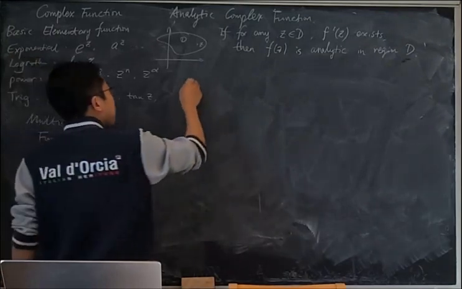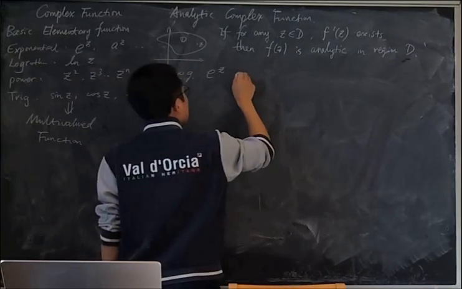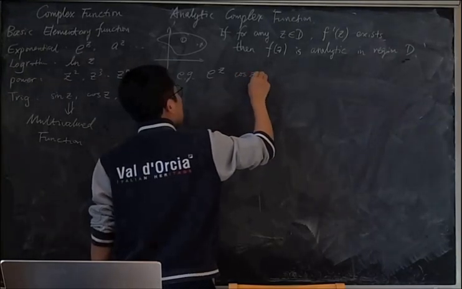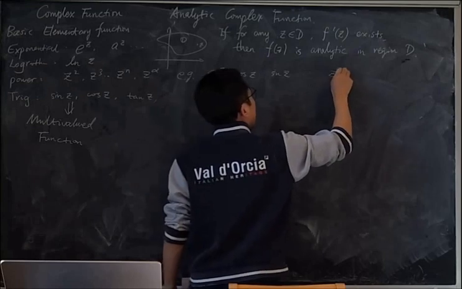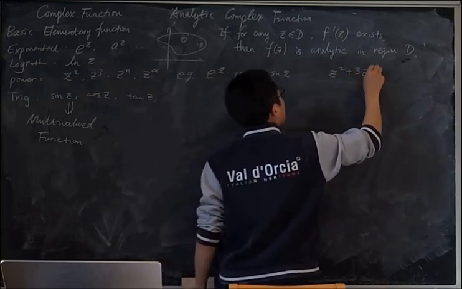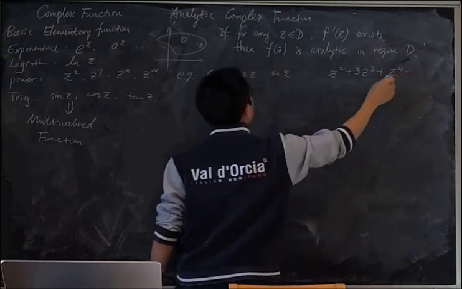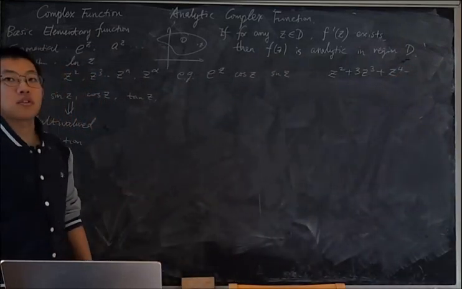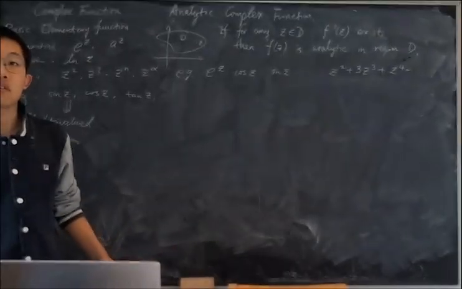For example, if you talk about very good functions like e to the z, cosine of z, sine of z, or even polynomials of z, whatever, all these functions are actually analytic throughout the whole complex plane.